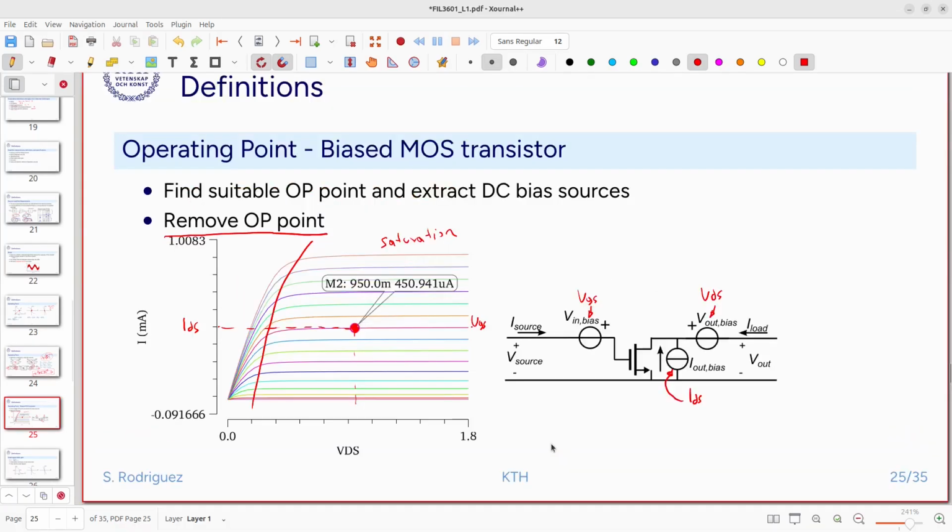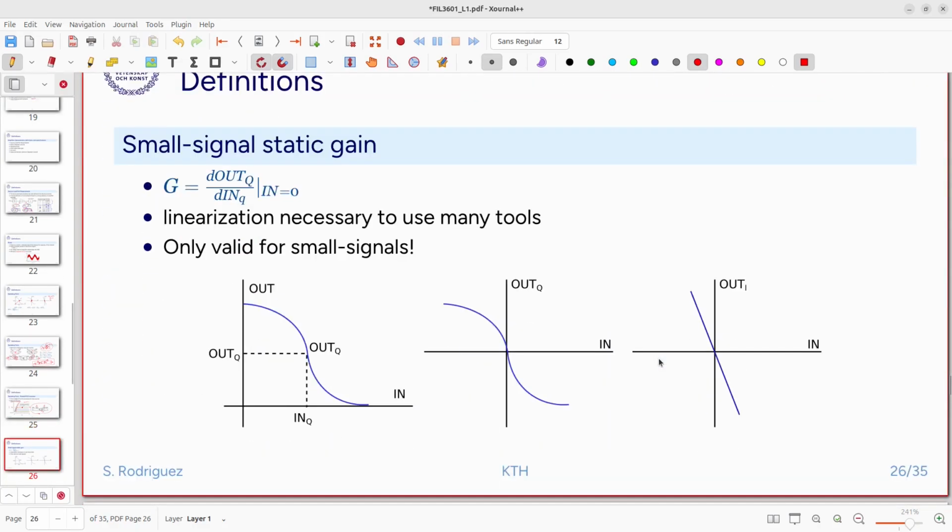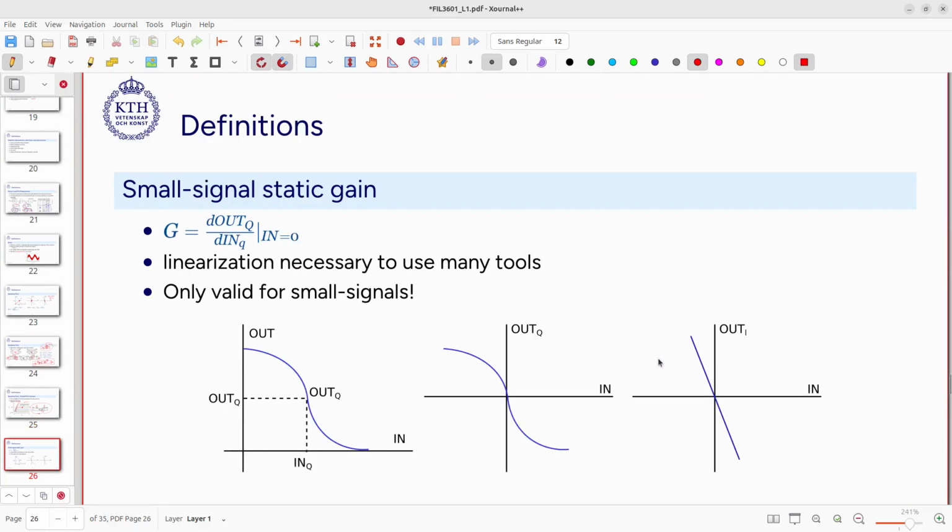Now, last comment here. This is the kind of circuit that we will use until the very last part of our design when everything is working, because then I will focus on how to implement these voltage and current sources. The next definition is the small signal static gain.